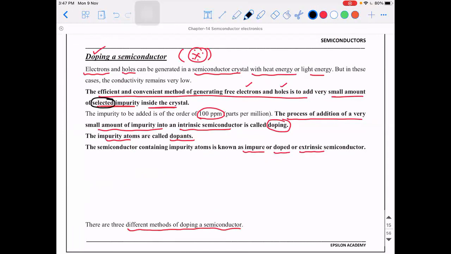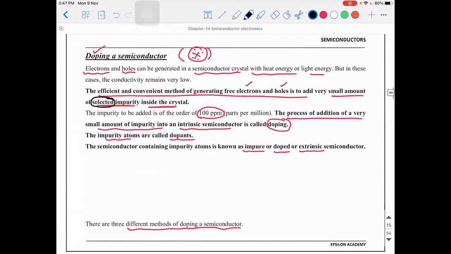Let's think logically. What are the two semiconductors we are speaking about? Germanium and silicon. If you observe the valency of both these atoms, the valency is 4. Hence, both these atoms will have the tendency to form covalent bonds with their neighboring atoms, right? When that is the case, an equal number of electrons are shared between the atoms.